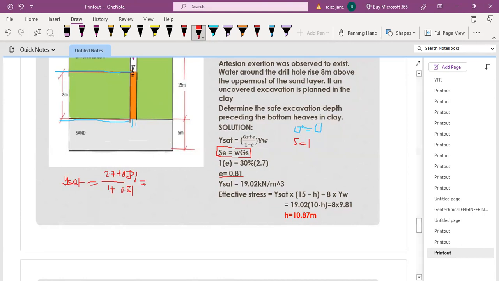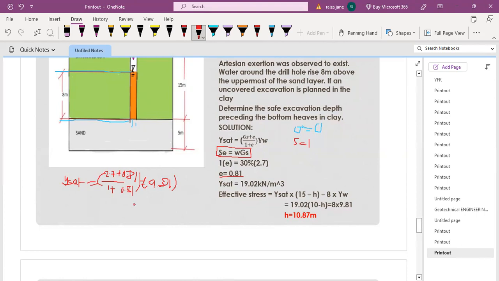We have 2.7 plus 0.81 over 1 plus 0.81. We forgot the unit weight of water, 9.81 rather. Sorry for the handwriting. 9.81.